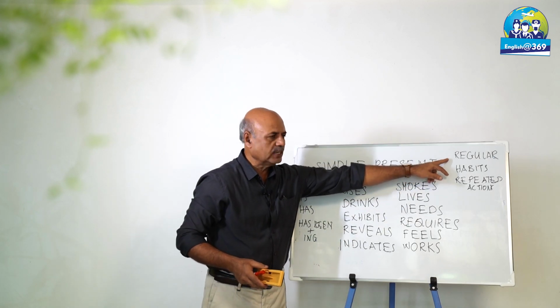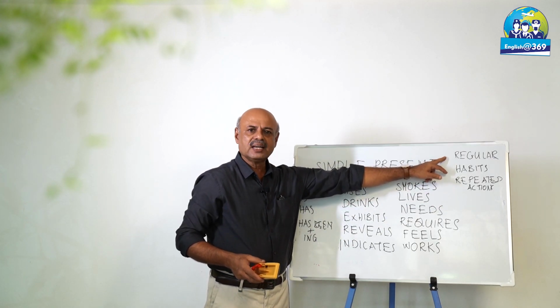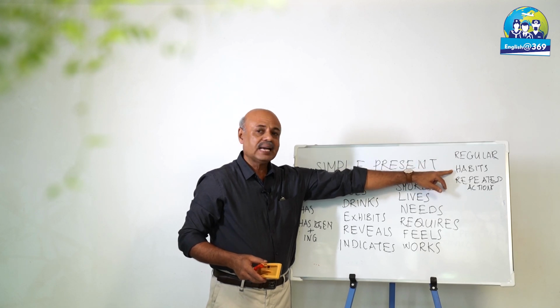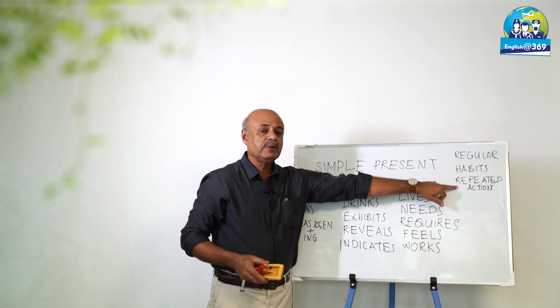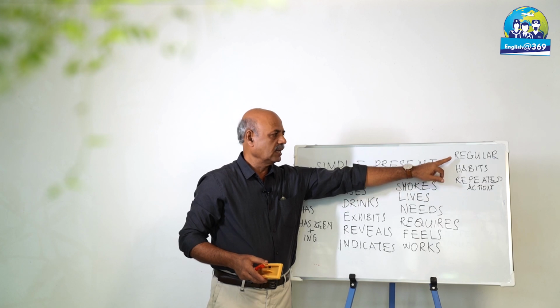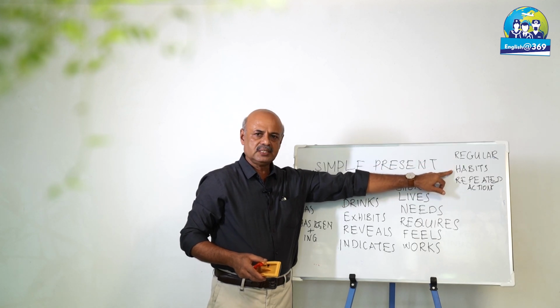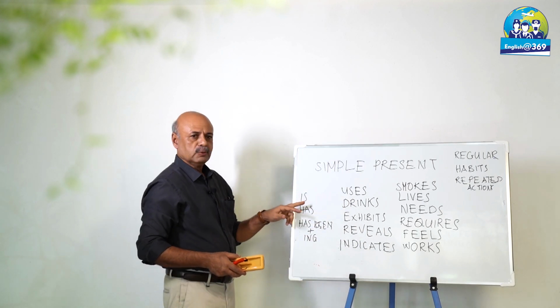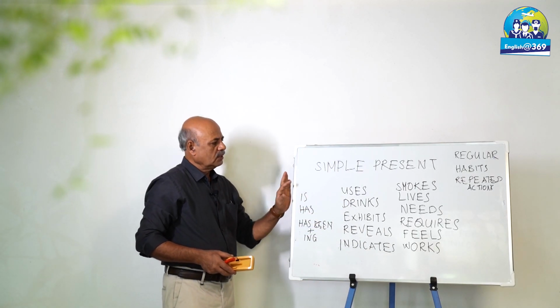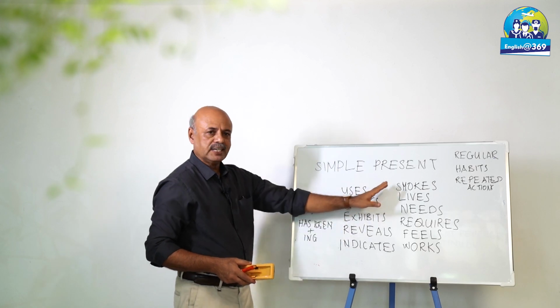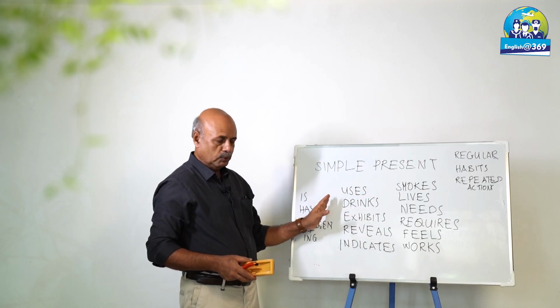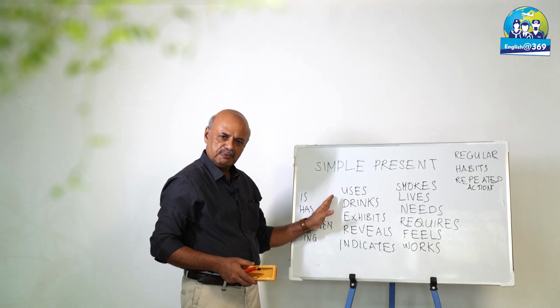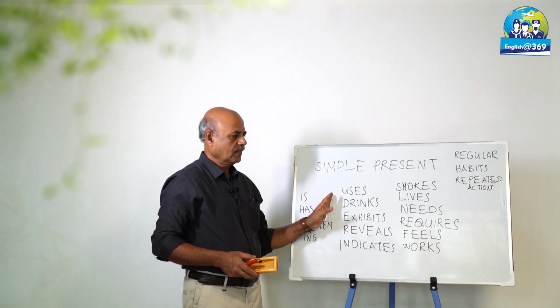In fact, when you look at these words, you'll understand: regular activities, habits, repeated actions. Now, all these words you've written down over here, you find on the board, we find them in OET.